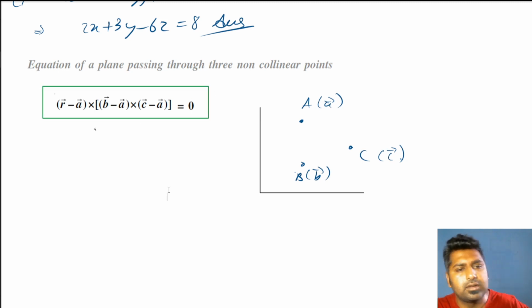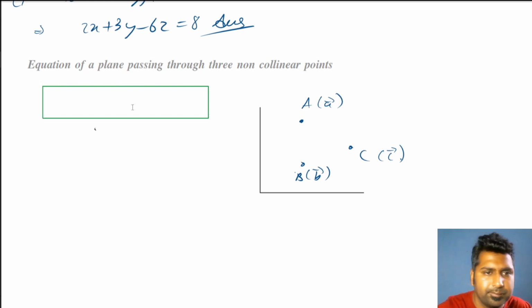R minus A cross B minus A cross C minus A. A lot of cross. I think there is a misprint in the book. Sorry. I'll write the formula.